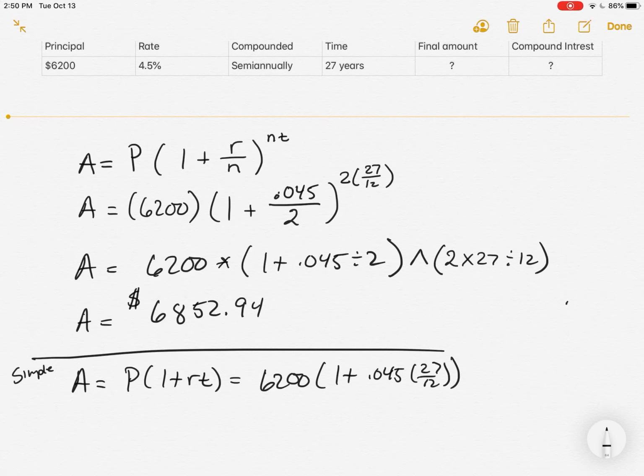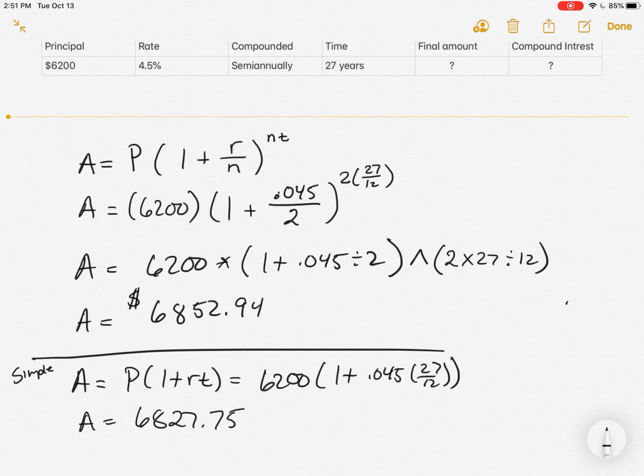So we got 6,200 times, open parentheses, 1 plus 0.045 times 27 divided by 12. And we get an accumulated amount of $6,827.75. And so they're different, right? Obviously you get a little bit more if it's compounded more often or not just simple interest.